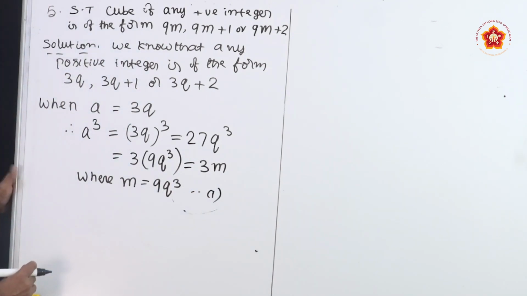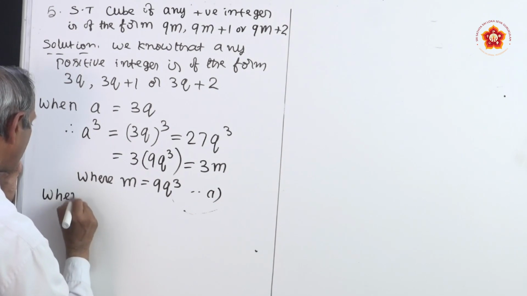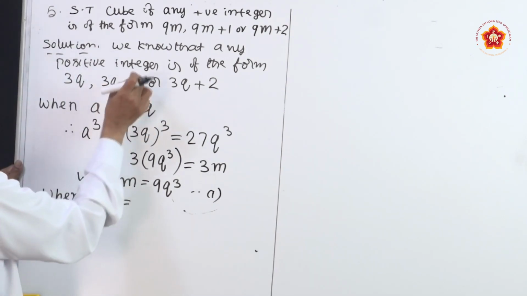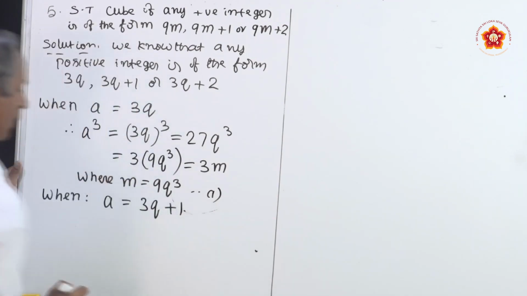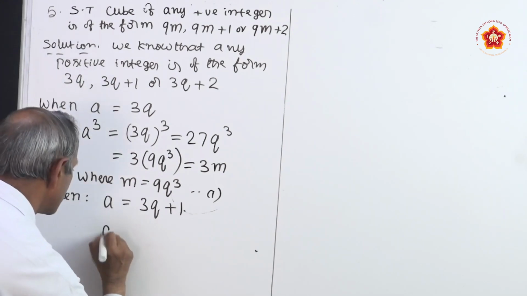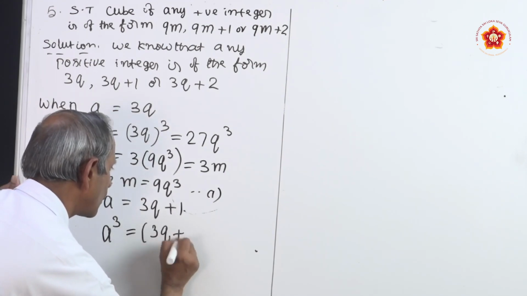Now let us go to the second case, that is when a is equal to 3q plus 1. Now we have to find the value of a cube. A cube equals 3q plus 1 whole cube.